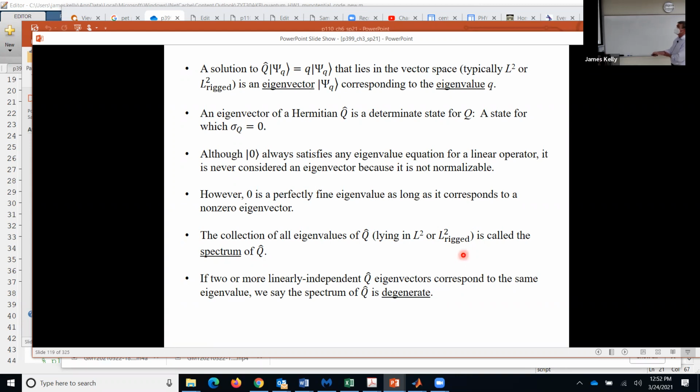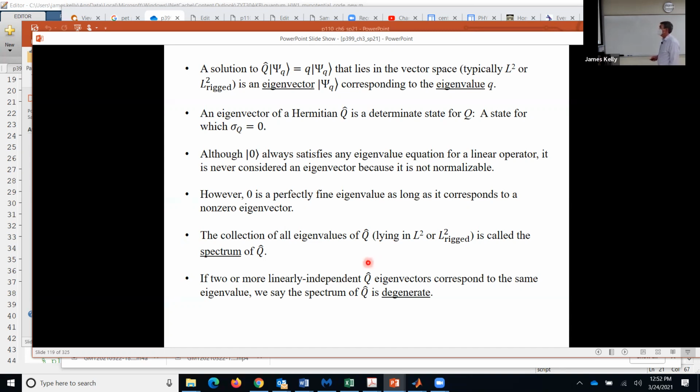That enlargement of that space is called the rigged vector space, or the rigged extension to square integrable functions. The collection of all eigenvalues of that is called the spectrum of that particular operator. We've seen the spectrum of the total energy operator. The spectrum of the Hamiltonian is something we've thought a lot about.